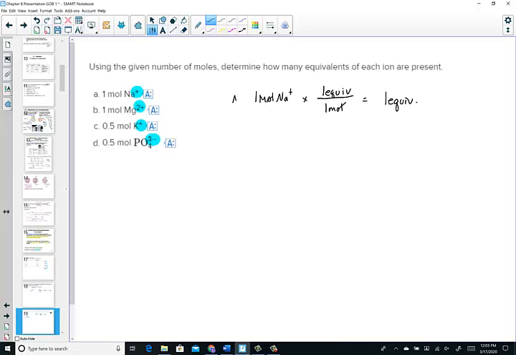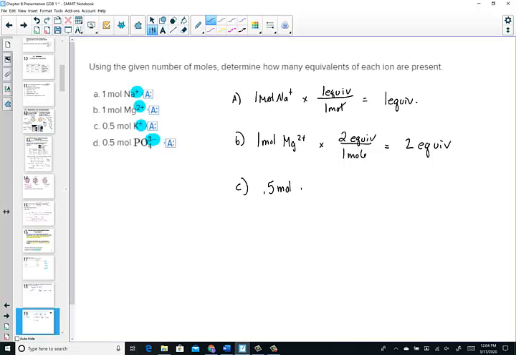In letter B, we're given 1 mole of magnesium, which is 2 positive, which tells me that there are 2 equivalents in every 1 mole. So that would deliver 2 equivalents. Piece of cake, right? 0.5 moles of potassium.